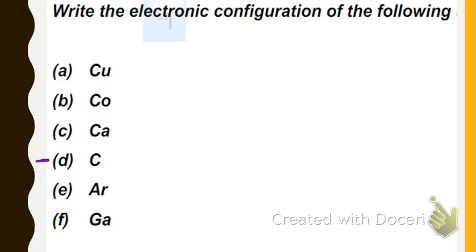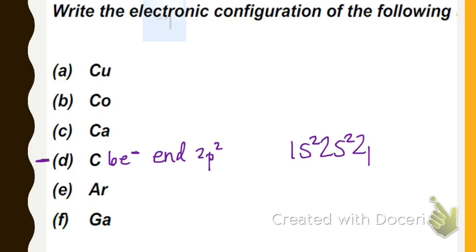So we're going to start with carbon. Carbon has 6 electrons. And if I look at where it's located on the table, I see that it's going to end in 2p2. So I'm going to start, and I'm going to say 1s2, 2s2, 2p2.